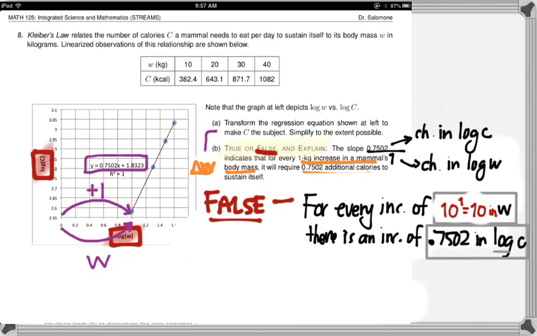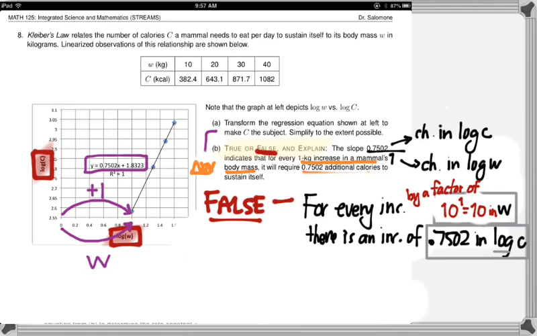But because we shifted from linear thinking into logarithmic thinking, we also have to shift our arithmetic from an increase in amount, as we were talking about before, to an increase in percentage. In other words, instead of addition and subtraction, we want to be talking about multiplication and division. So instead of saying an increase of 10, we need to say an increase by a factor of 10. So that's how we're going to change the verbiage here.